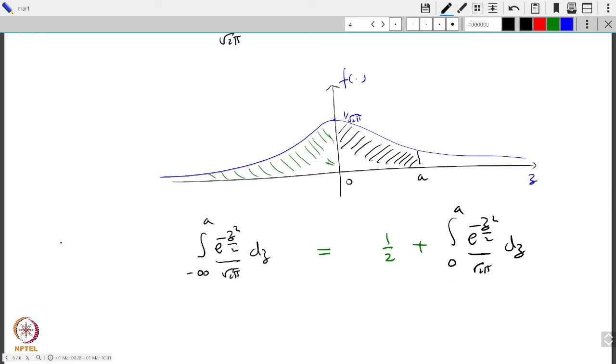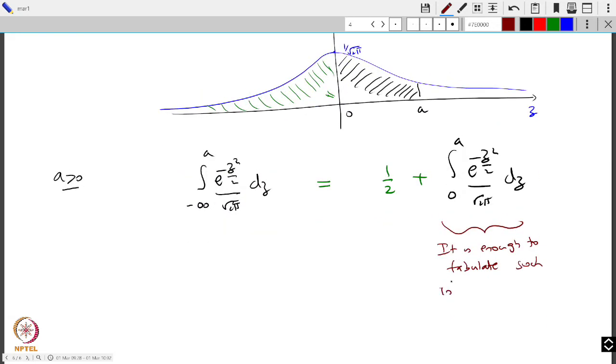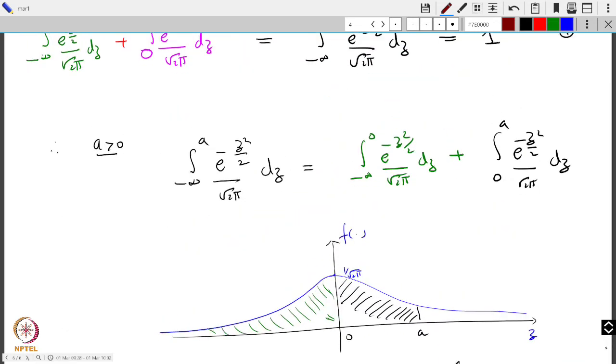So for a positive, the observation here is that it's enough to tabulate such integrals. That is, let's call this plus. If I know 0 to a for a positive of these integrals, then I can compute minus infinity to a of this. Very good. That's one of them.